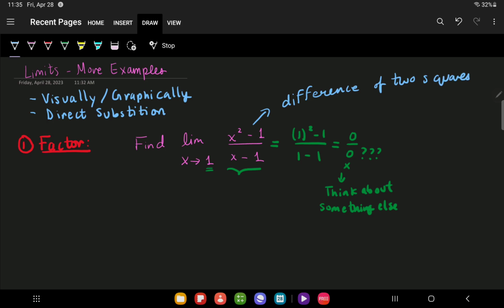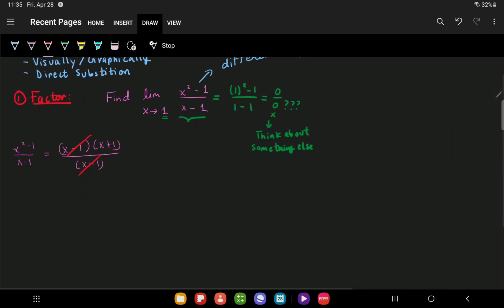I can rewrite x squared minus 1 over x minus 1 as x minus 1 times x plus 1 all over x minus 1. And guess what? We see that the x minus 1 cancels.